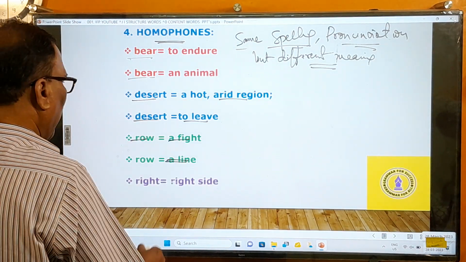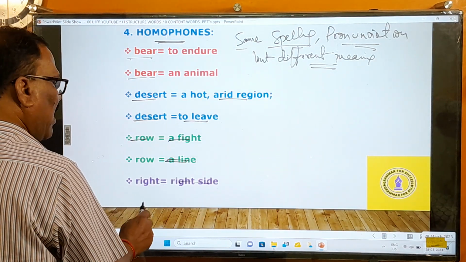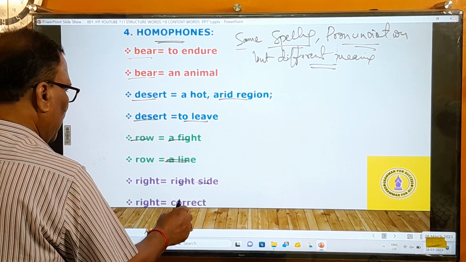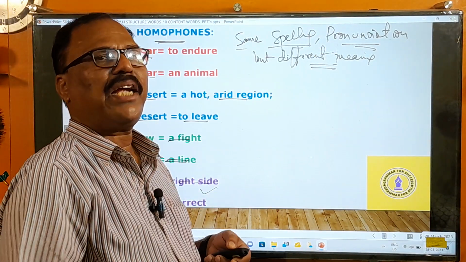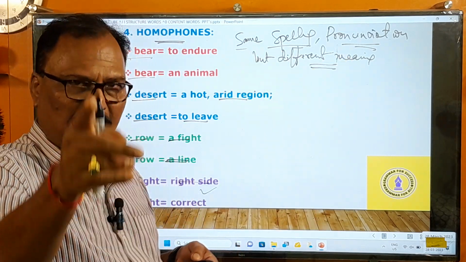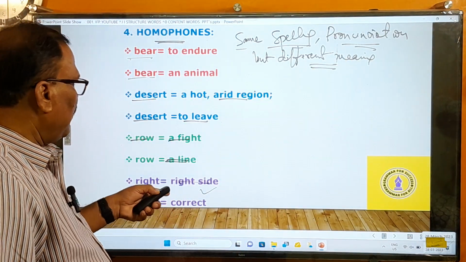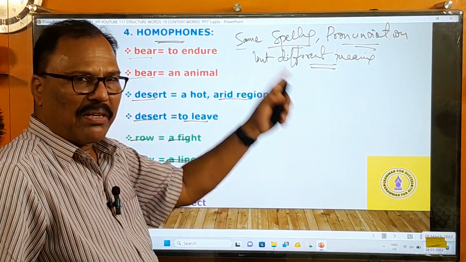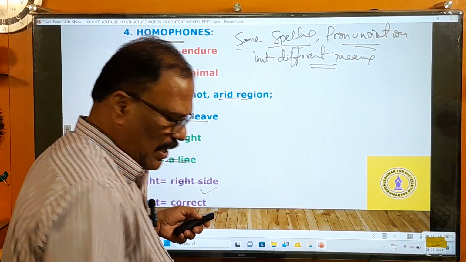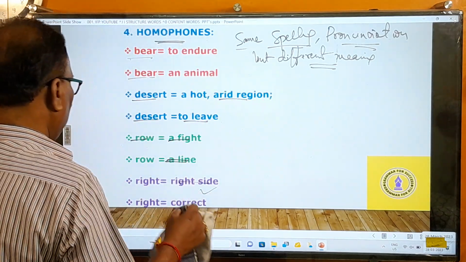And here right side. And right means what is that? Correct. Take right and go straight. Right means right side. You are absolutely right. So homophones means same spelling, same pronunciation, but a different meaning. And the last one here is what is that?